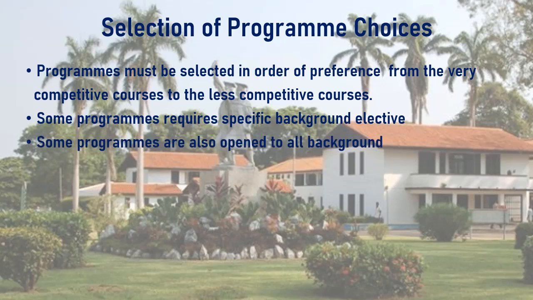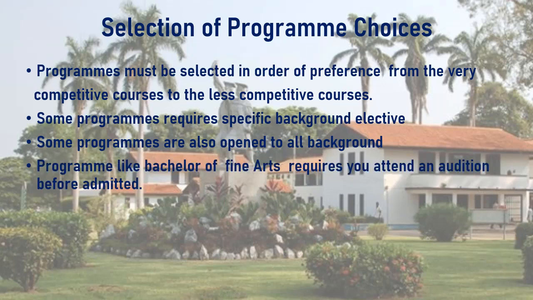Some programs are also open to all backgrounds: law, Bachelor of Science in Administration, Bachelor of Arts. Any background at all can apply for these programs. A program like nursing, a program like midwifery, is also open to all backgrounds. You can also apply for these programs. A program like Bachelor of Fine Art requires you to attend an audition before gaining admission.